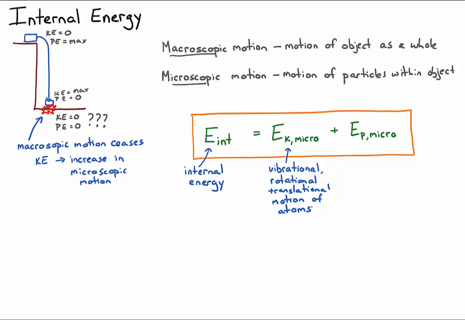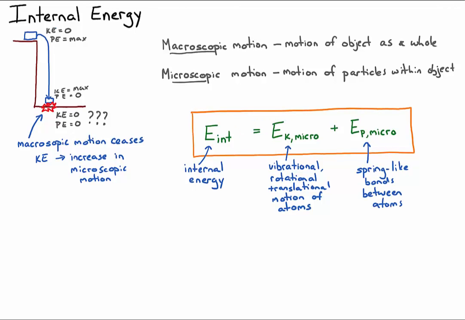But we also have microscopic potential energy, and the potential energy is associated with those spring-like bonds between the atoms. So the bonds that hold the whole thing together can get stretched, and that actually adds potential energy to the system internally. Just like a spring, if you stretch or compress it, will change its potential energy.